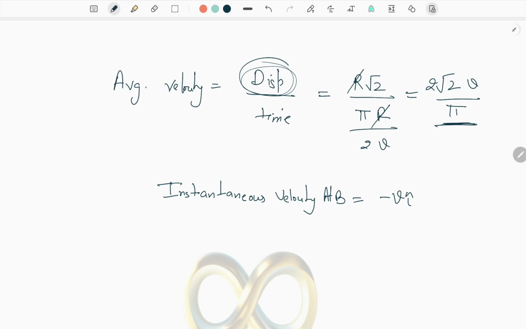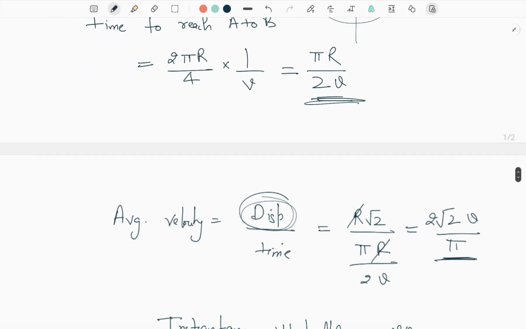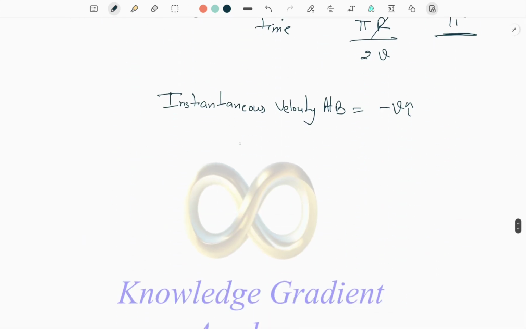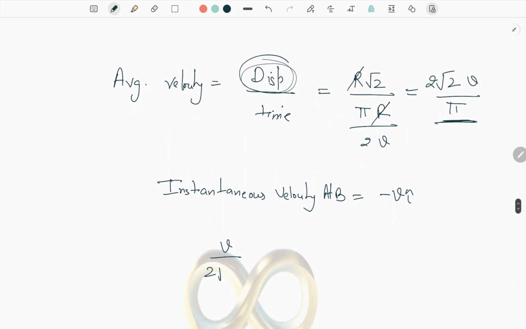If we take only the magnitude, then the ratio of instantaneous to average is V by 2 root 2 V upon pi.